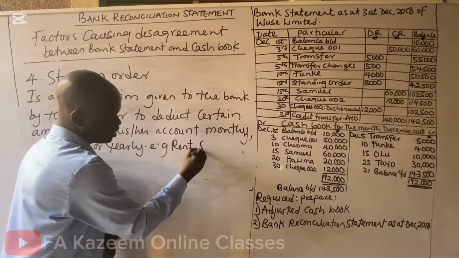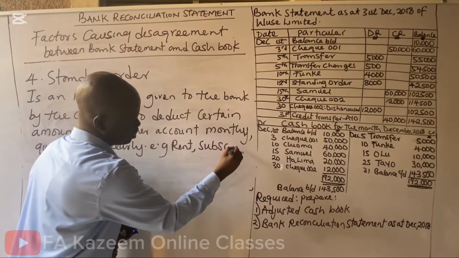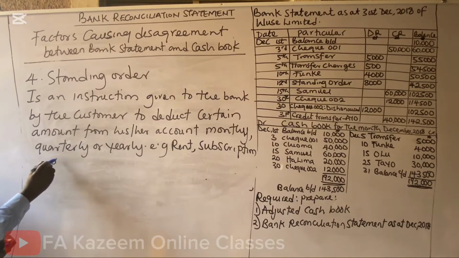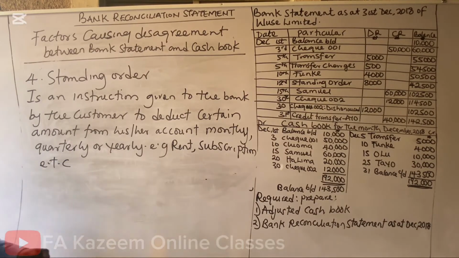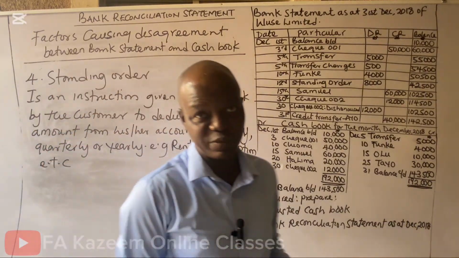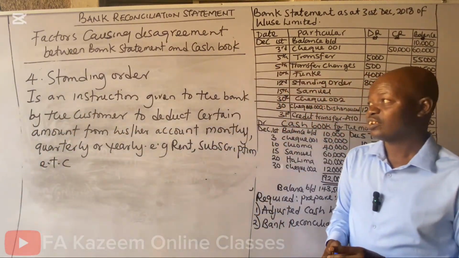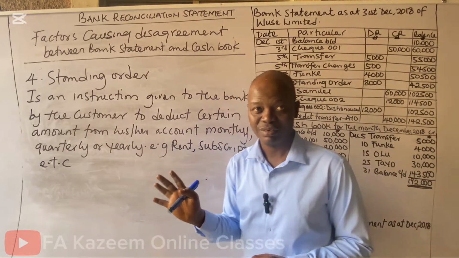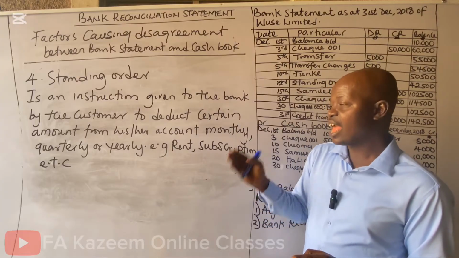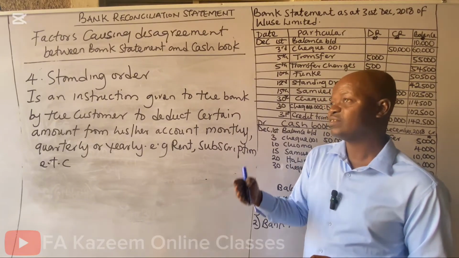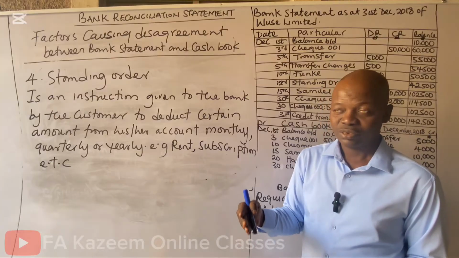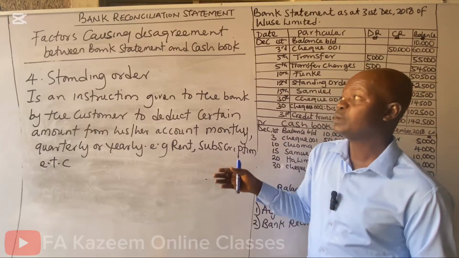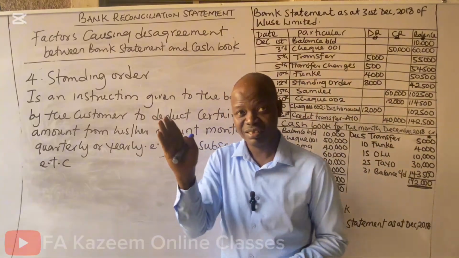It may be that the bank should be paying a subscription on a monthly basis, etc. A customer can give an instruction to his bank that every month, pay my house rent to my landlord. Every month, pay my TV subscription to my service provider. What the bank will do is just to put it on reminder.